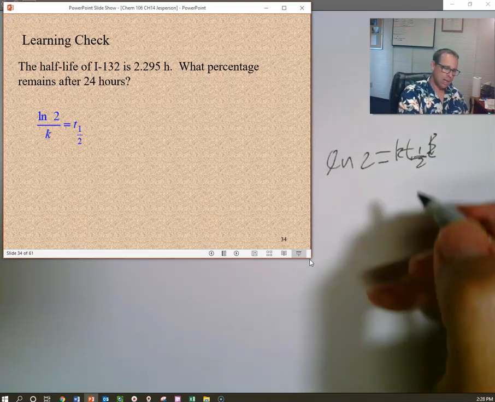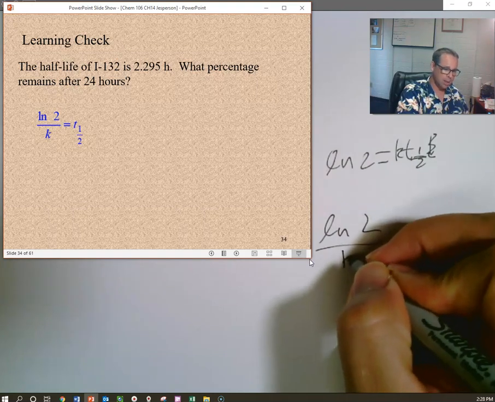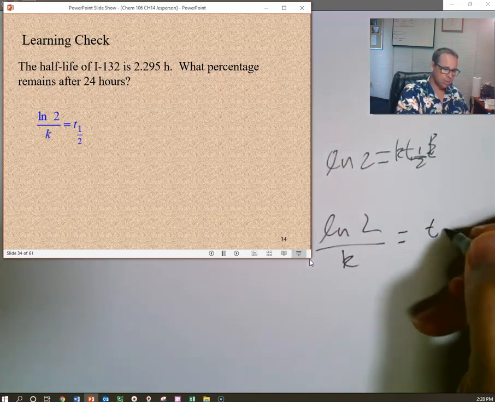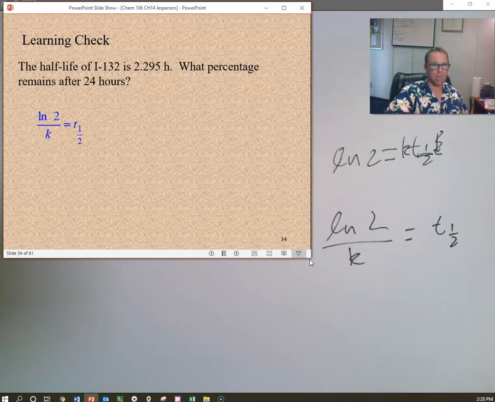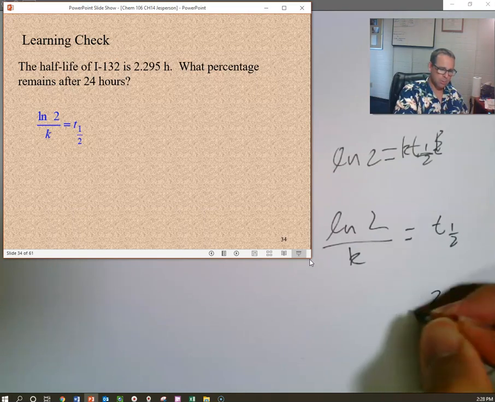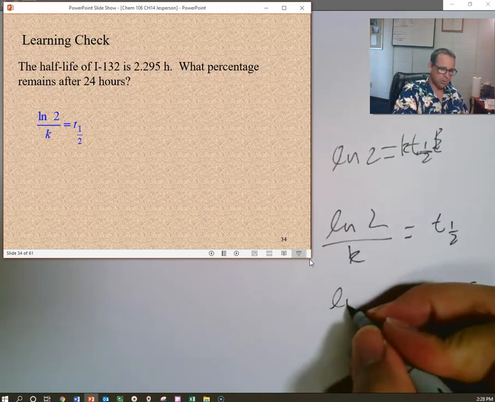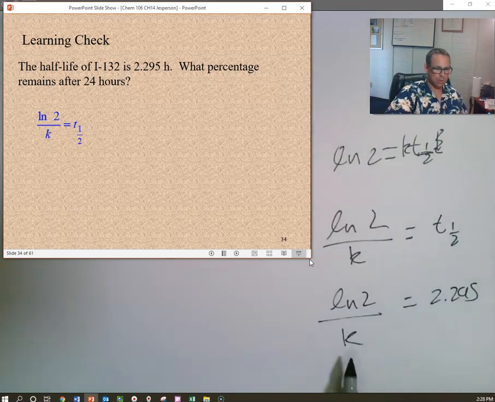All right, and then we divided the natural log of 2 by k and set that equal to the half-life. All right, so then we can just plug in our numbers. Half-life 2.295 hours. Natural log of 2 over k, right? And we could solve for k there. We did the math, and we got this value.